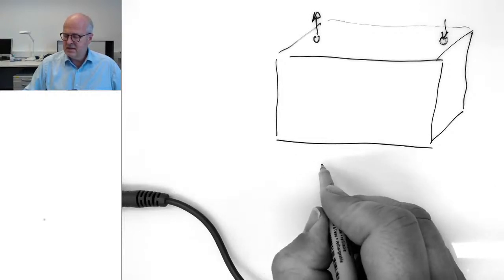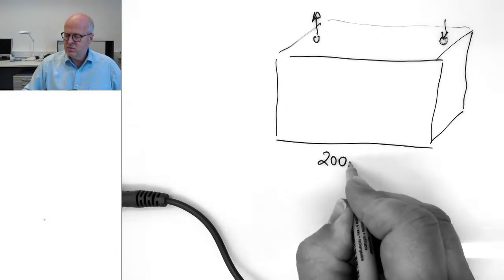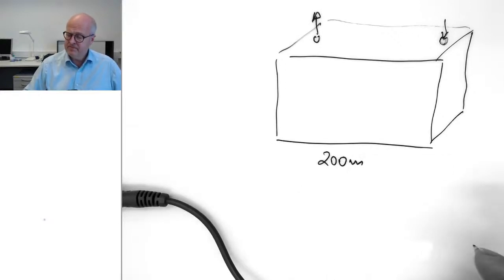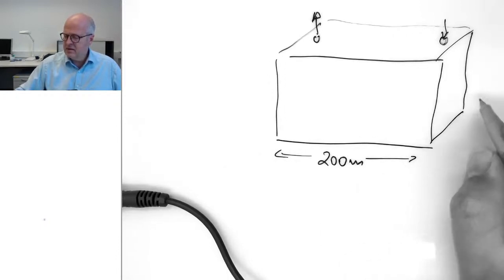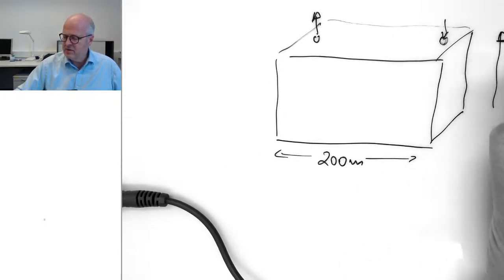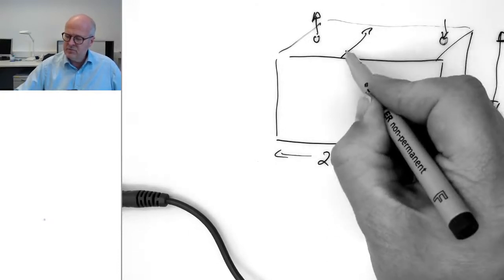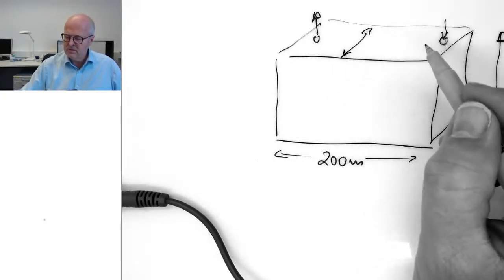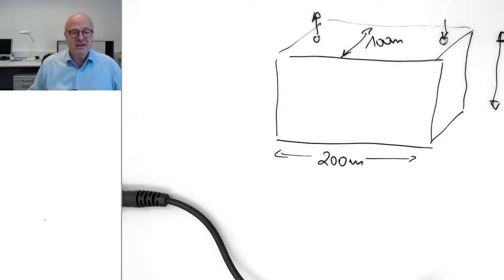So let's study a length of 200 meters, which is not even much. Let's take an aquifer thickness of 40 meters, which is not even much. And let's consider a width of the problem of 100 meters, which is not even much.